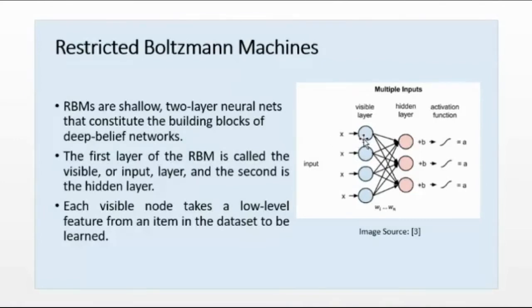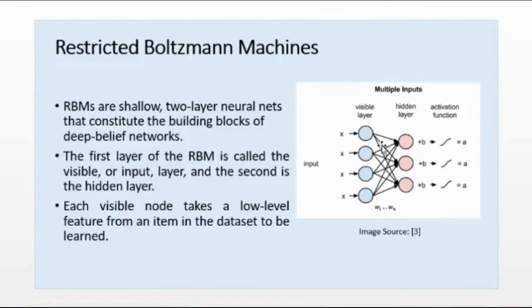This input x is multiplied with this weight vector, and we get some value. Similarly, from the second input, we multiply the weight vector and take the sum. So you can think of it as the sum over wi xi.